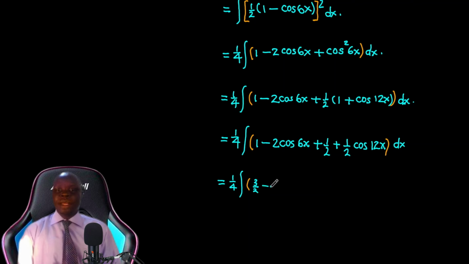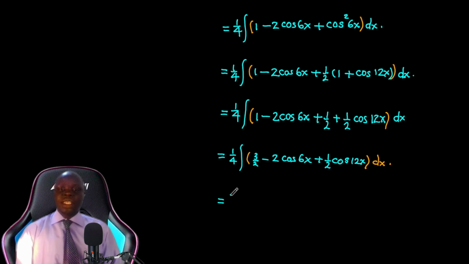Now we have here minus twice cosine of 6x plus, so we are left with only this 1/2 multiplied by cosine of 12x. And from here, we have really simplified our question. That is going to be easy to integrate. So let's move on and integrate.